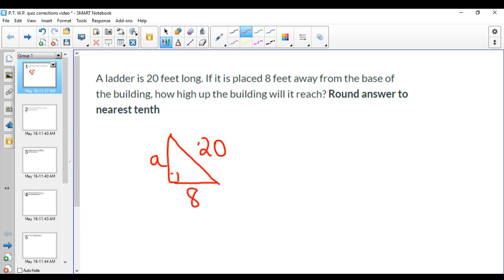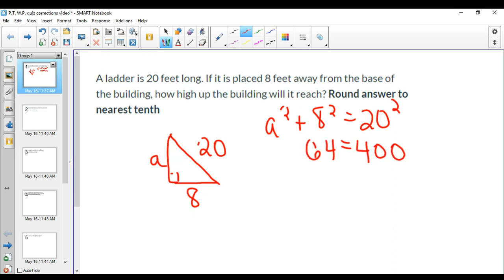First let's go ahead and put our numbers into our equation. So we've got A squared plus 8 squared equals 20 squared. 8 squared gives us 64. 20 squared gives us 400. Next step would be to subtract 64 from both sides.